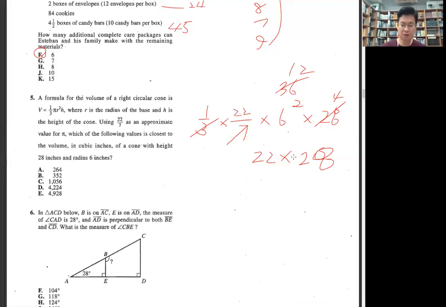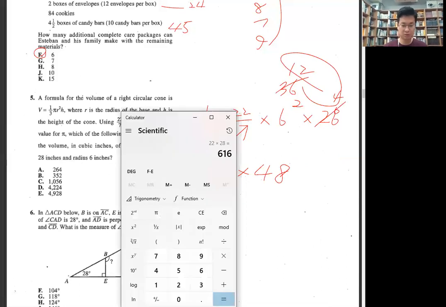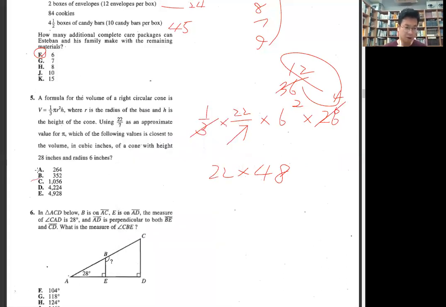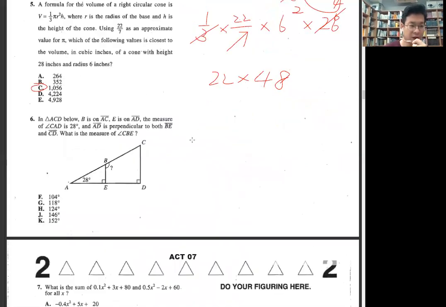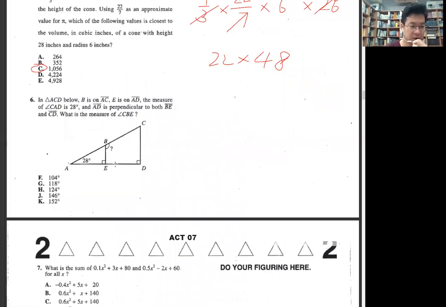It's a simple mistake. So 22 times 48. Here's the 48. That's why you need to double check all the time. Even I make mistakes too.